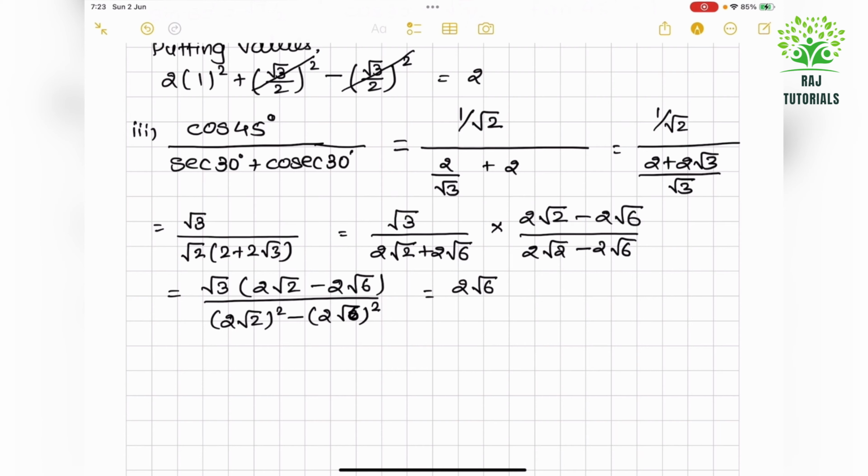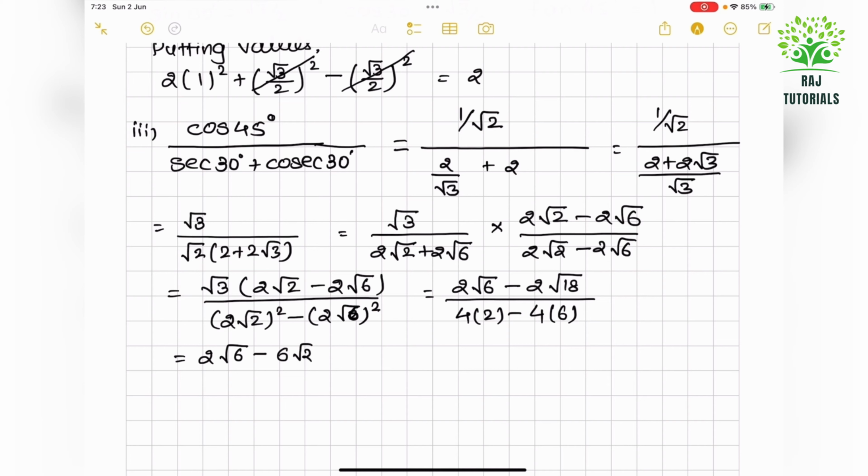So this will be 2 root 6 minus 2 root 18 upon 4 into 2 minus 4 into 6. So if I solve it, 2 root 6 minus, 18 is 9 times 2, so 9 will come out, it will become 3.